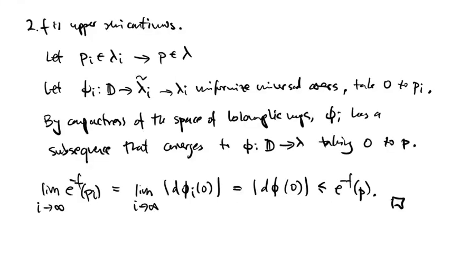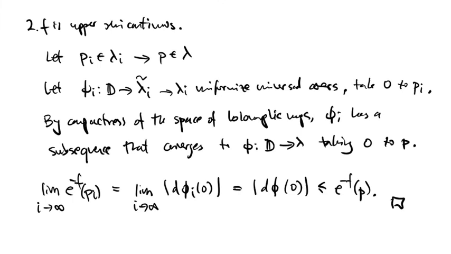Now let's prove that f is upper semicontinuous. Let p_i contained in leaves lambda_i converge to the point P contained in lambda. For each i, let phi_i be the map from the unit disk to lambda_i, which uniformizes the universal cover, composed with projection from the universal cover to lambda_i, and takes 0 to the point p_i.